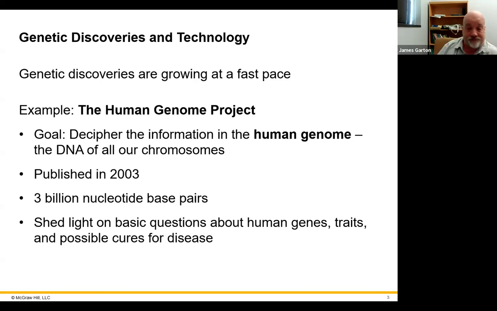About 10 years after this project was started, in 2003, the Human Genome Project was more or less complete. And it was published. The knowledge of the human genome shed a lot of light on a lot of human genes, traits, and possible cures for genetic diseases.